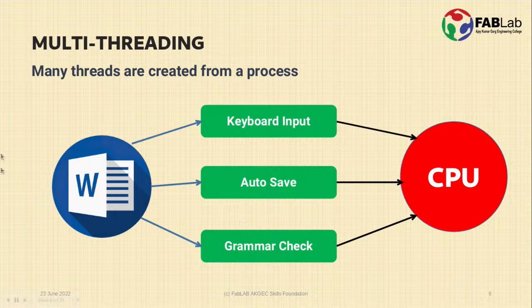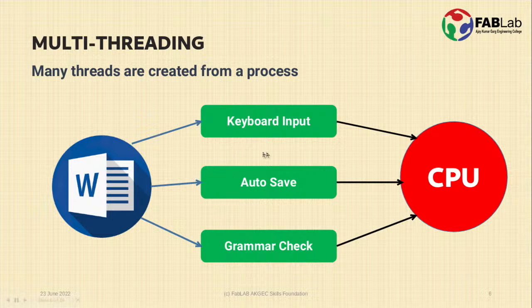For example, we are working in the Microsoft Word application. It is a very powerful text editor program, and we always use it for writing our reports or other documents. If we are using a Microsoft Word document, you can easily visualize that at a time this document is performing more than one task, or more than one thread is active from this particular process.